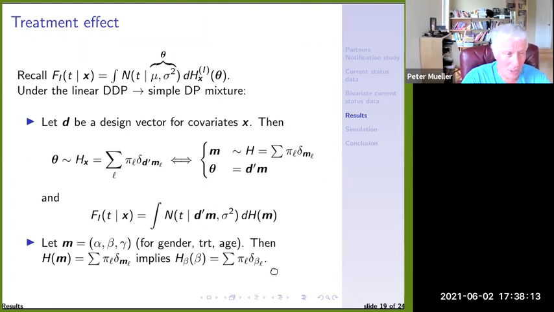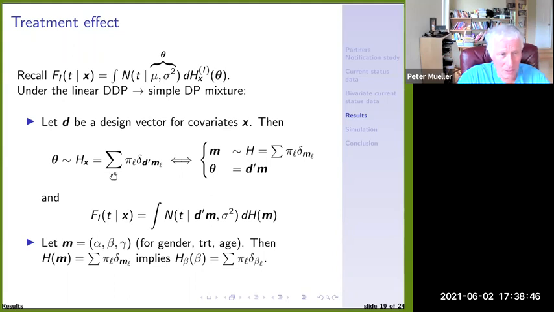So we are using, in particular, a linearly dependent Dirichlet process, which you can also rewrite as, so first of all, here's just again the mixture of normals with the H sub x. And under that simple version of the DDP, the H sub x just becomes a discrete distribution.